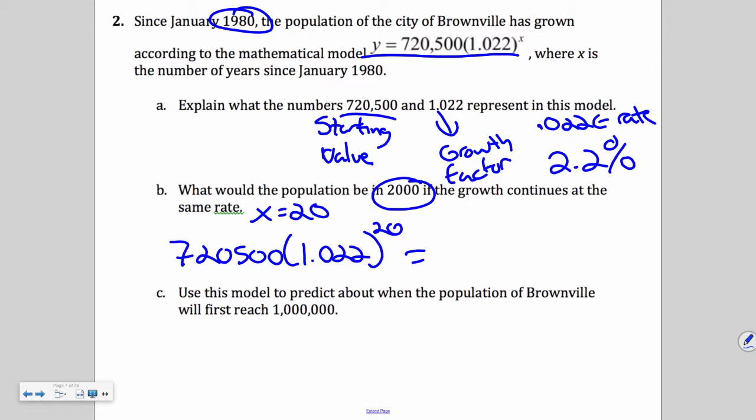For the next one, for C, it asks me when it will be 1 million.